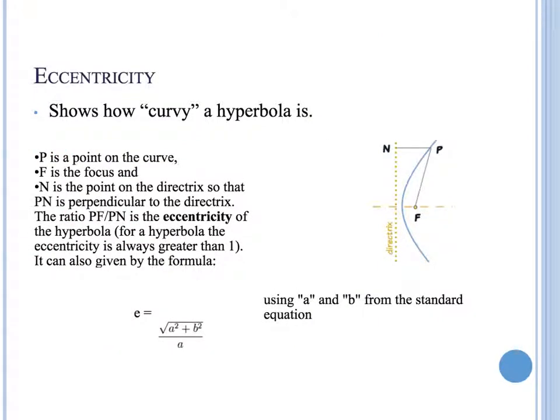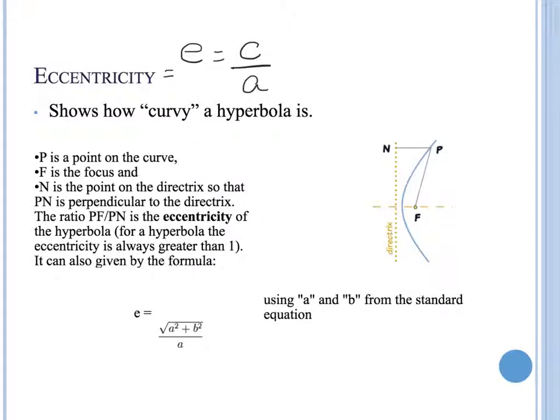So the topic of eccentricity talks about how squished or how elongated a hyperbola is. We have the same idea with an ellipse as well, whether we have a really round ellipse or a long and narrow ellipse. And the formula to find eccentricity for both of them is really the value of c divided by a.